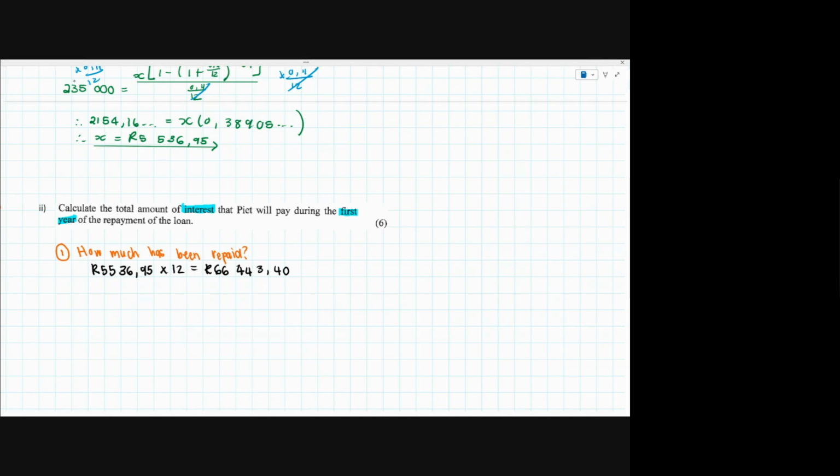Like I said, the second thing that we want to do here is we want to calculate how much is still owed on the loan. I'm going to get this answer and then I'll explain why we want this amount. Now remember, when we want to work out how much is still owed, this is a balance outstanding situation.